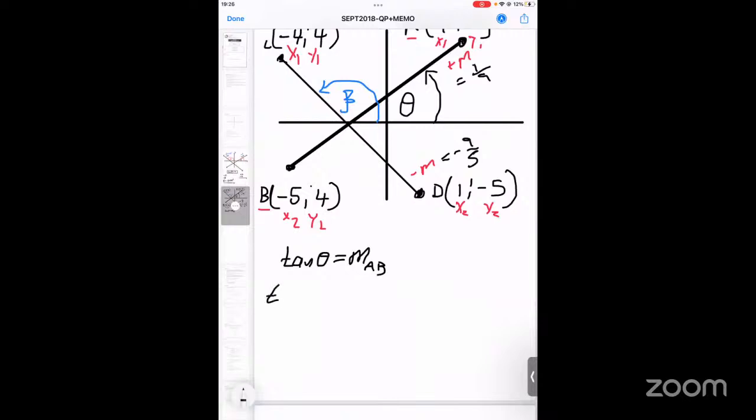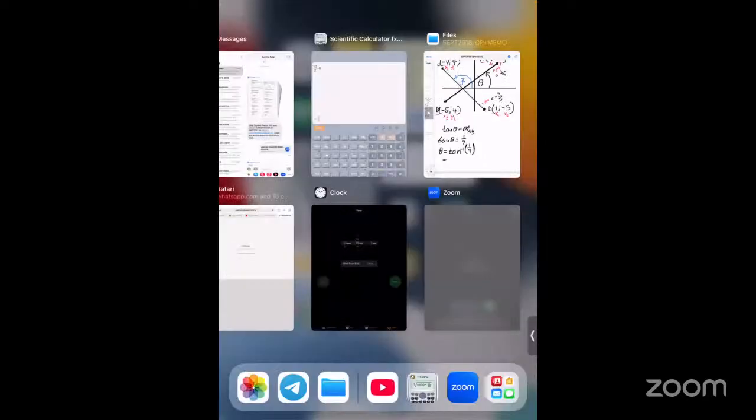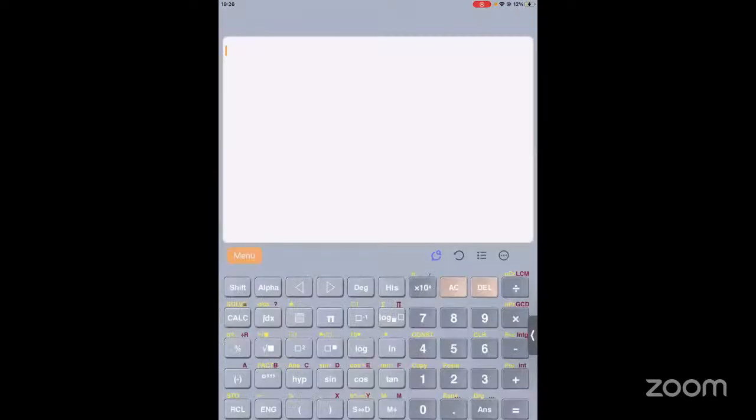will therefore be equal to tan angle equals the gradient of line AB. We got it to be +1 over 9. To calculate that, it's just like your trigonometry. You will say tan inverse 1 over 9. Punch it on your calculator: shift tan 1 over 9.